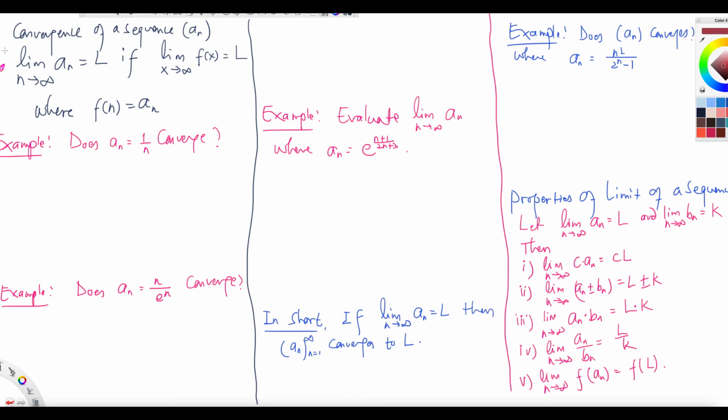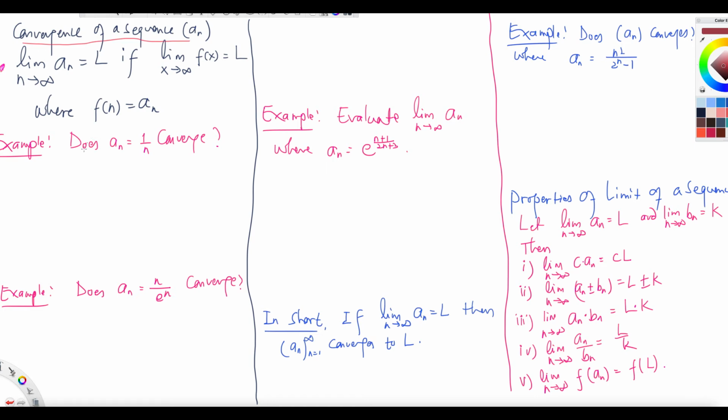So here, the limit as n tends to infinity of a_n goes to L. The limit of a sequence a_n is L if the limit of a function f(x) is L, where f(n) equals a_n. If you replace n by x, it is denoted by f(x), and if the limit of f(x) is L, then the limit of the sequence will be L as well.